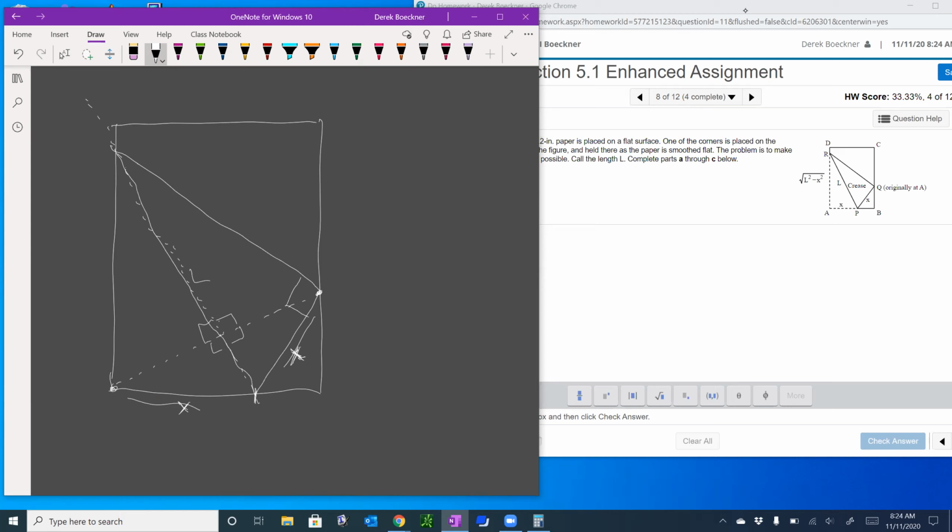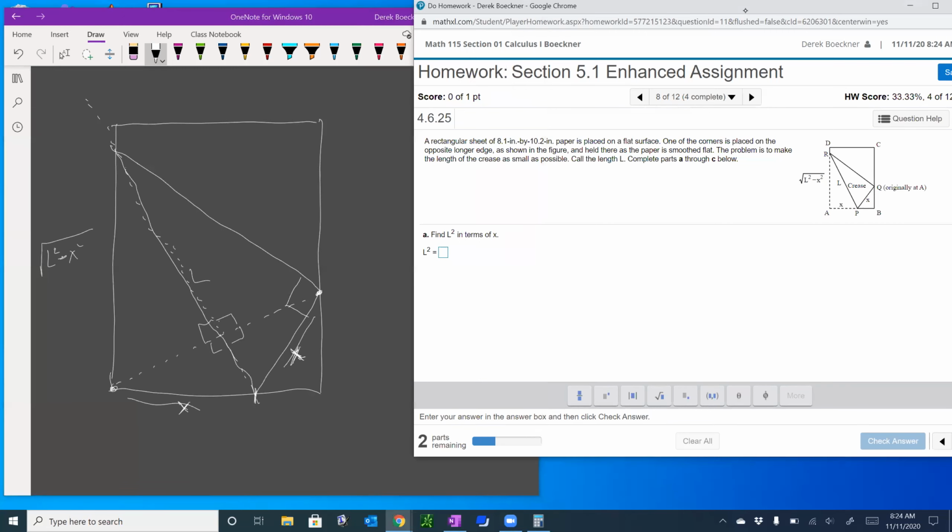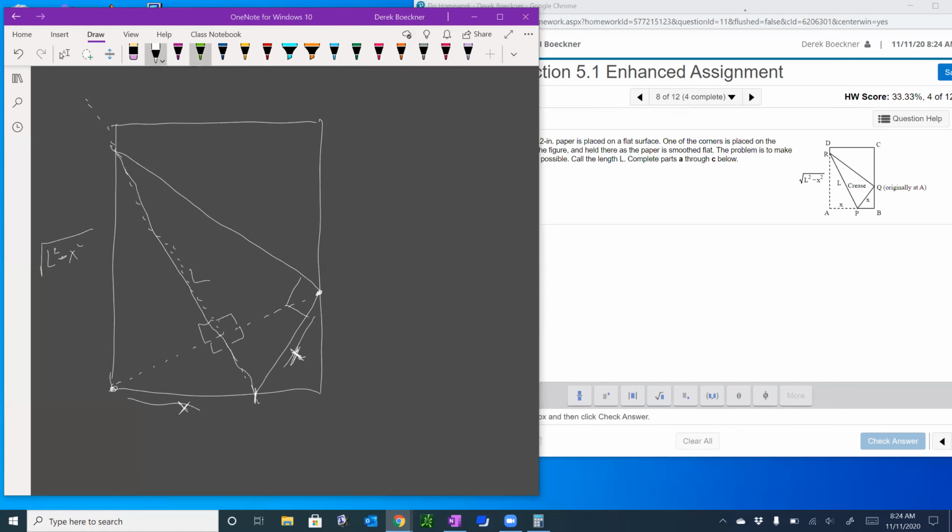They tell you that this is the square root of L squared minus X squared, which, yeah, that's probably relevant. Okay. We want to find L squared in terms of X. Okay. So let's draw some more lines in here.